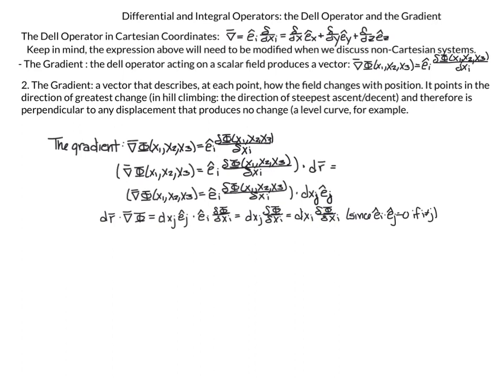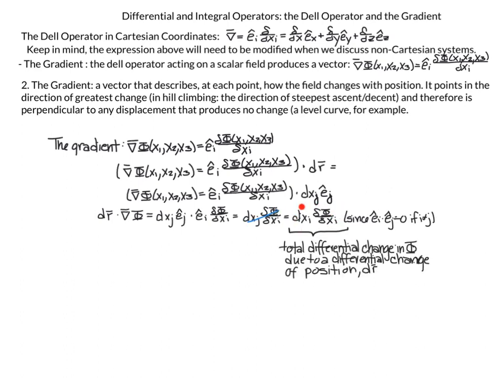I probably should have done this all in one step. When we look at this, this represents the change in phi when we have this small change in direction. So it's the total differential change in phi due to a differential change of position dr.